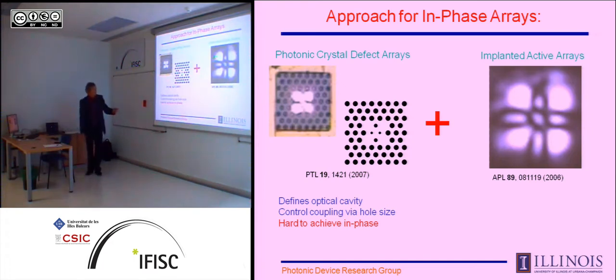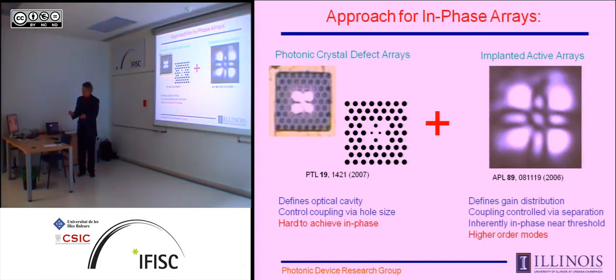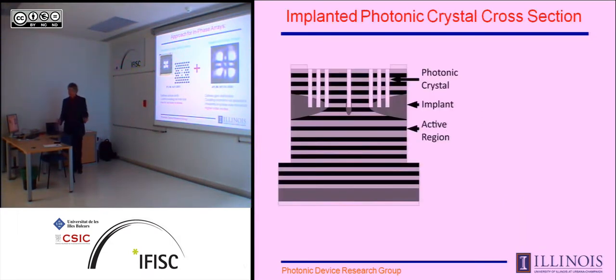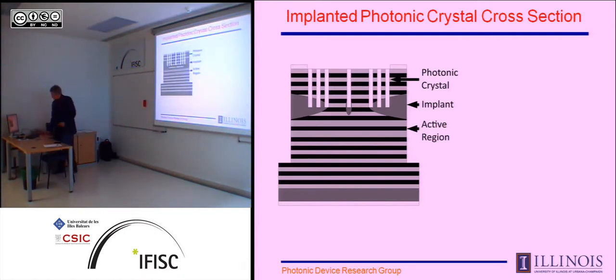We introduce a way to electrically isolate these 4 cavities from each other, essentially destroying the semiconductor through ion implantation. So the idea is that through two fabrication approaches, an ion implantation to define the electrical cavity and etching to define the optical cavity, we can create a coupled array where we define the gain distribution, we can control the coupling, and we inherently get in-phase operation. And that's the key to this work.